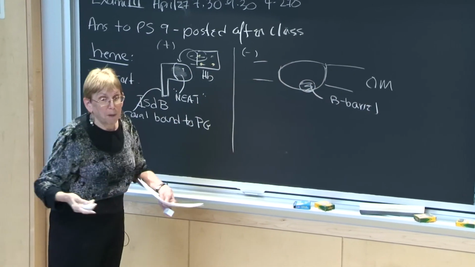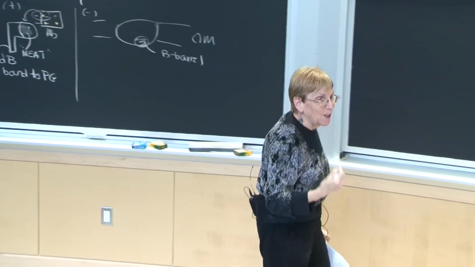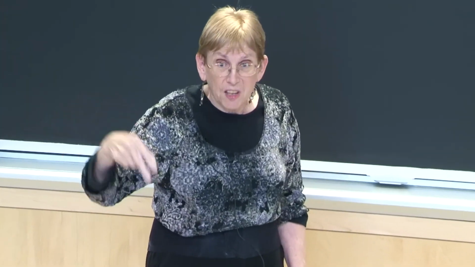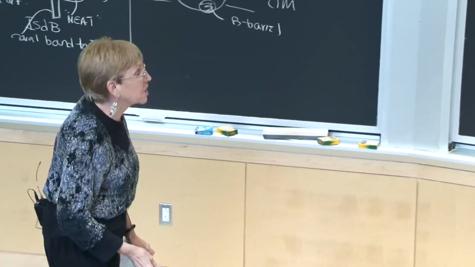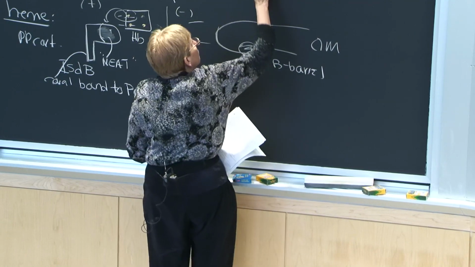These beta barrels, there are like 20 or 30 of these things in the outer membranes, and they can take up siderophores, as we talked about last time, but they can also take up hemes, okay? So each one of these is distinct. All of the structures are pretty much the same. And so what you see in this case is there are actually two ways that you can take up heme.